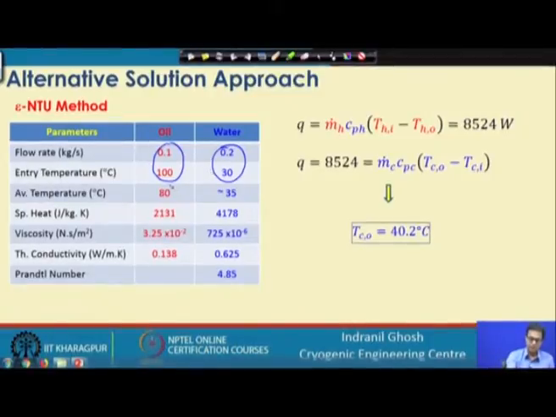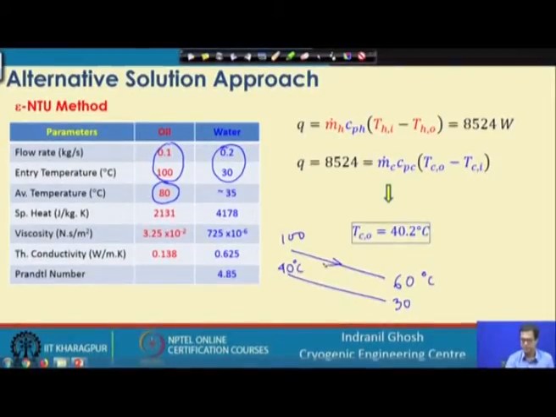So, we have been able to find out this average temperature of the oil or the hot fluid, because we know the exit temperature of this oil and it is coming from 100 to 60 degree centigrade, and the cold fluid is coming from 30 degree centigrade and it is going out to 40 degree centigrade.